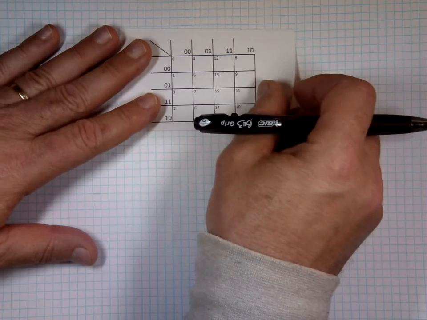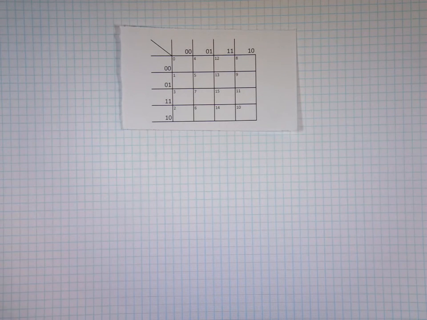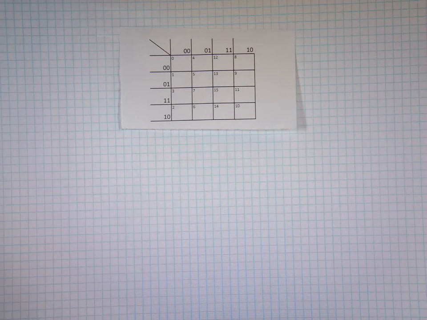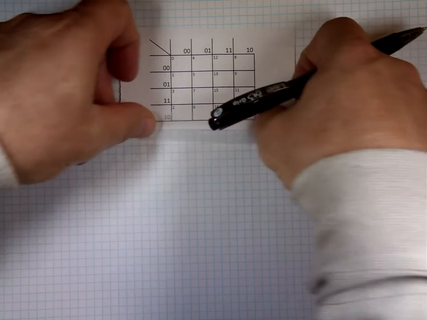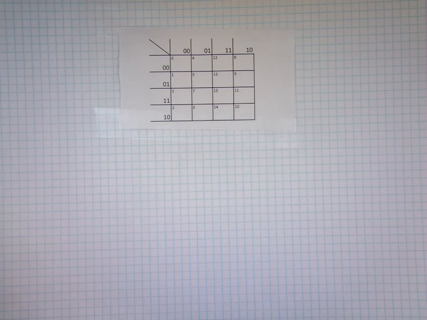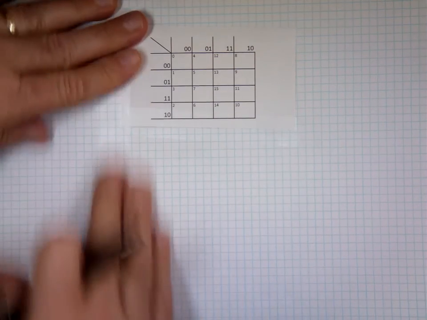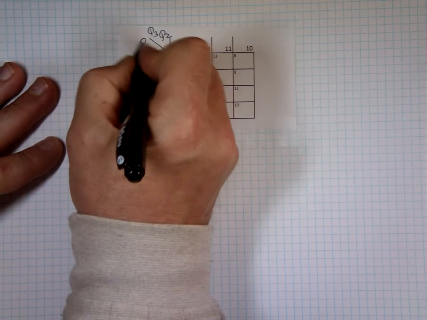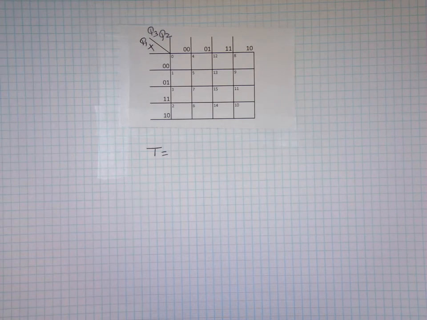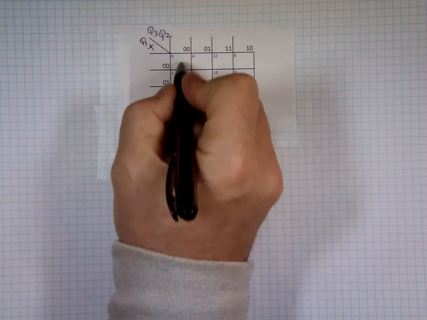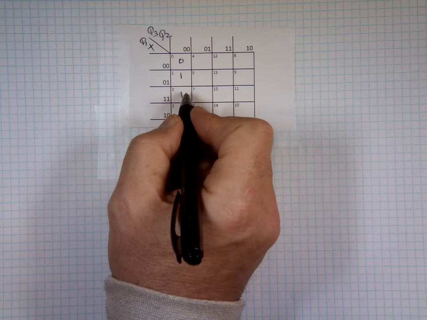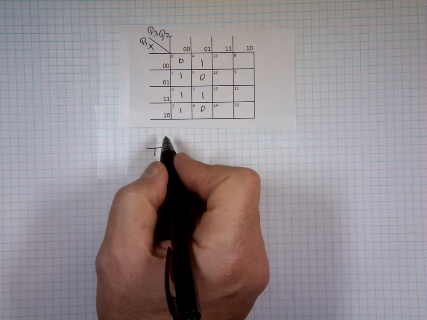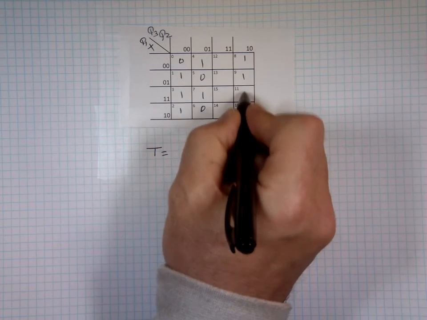And that's T. Bless you. Q3, Q2, Q1, X. 0, 1, 1, 1. 1, 0, 0, 1. 1, 1, 1, 0. And don't cares.